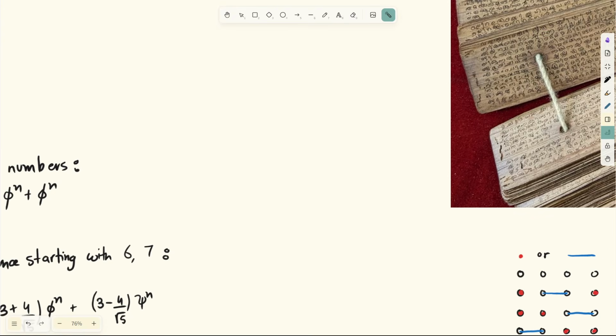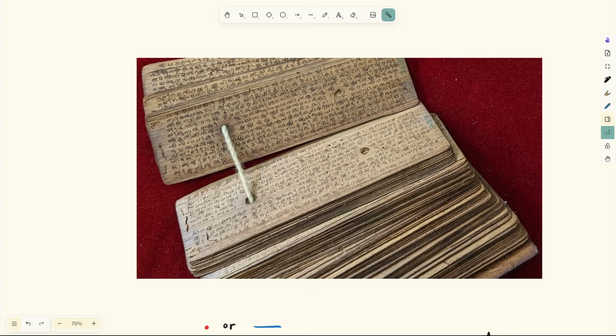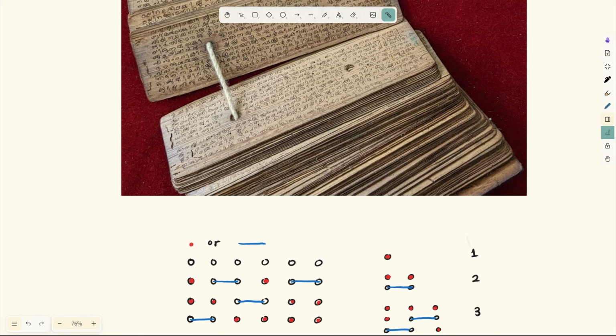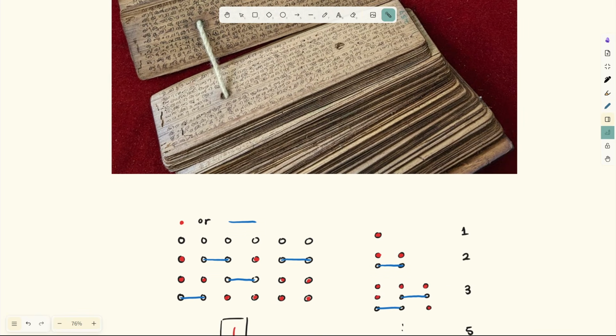Okay. Now, an interesting reason why you might want to know the nth Fibonacci number, for instance, goes way back to ancient India. So, ancient Indian scholars, they really loved music and poetry, right?